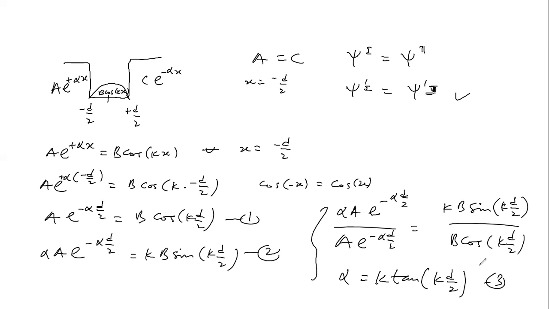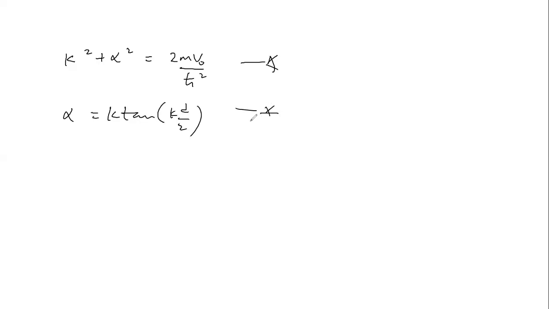Okay, and then from here, we know what k is and we know what α is. And once we are able to manipulate this, which we have done in other videos, we now have k squared plus α squared is the same as 2mV₀ over ħ squared, okay? And since we also have that α is the same as k tan(kd/2), we can resolve these two systems of equations, okay?